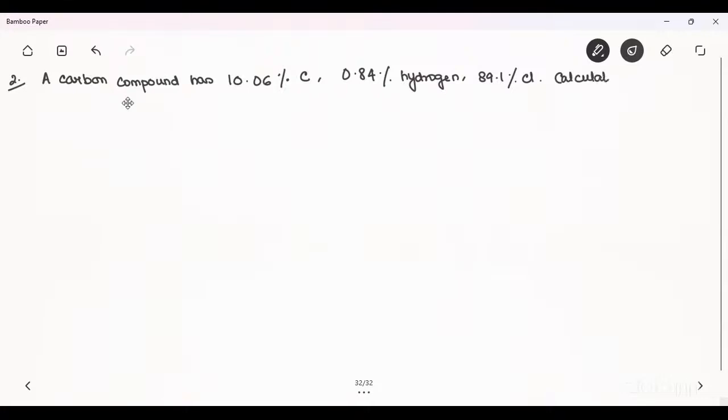Calculate the empirical formula of the compound.